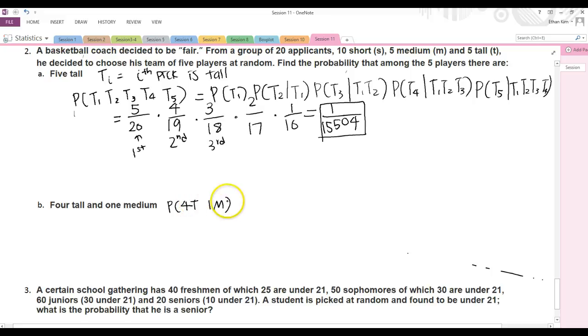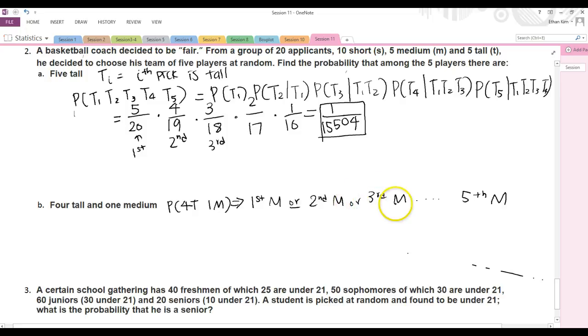But just think about this. This means that your first pick might be medium, or second pick might be medium, or third pick might be medium, and so forth, or the last is medium.